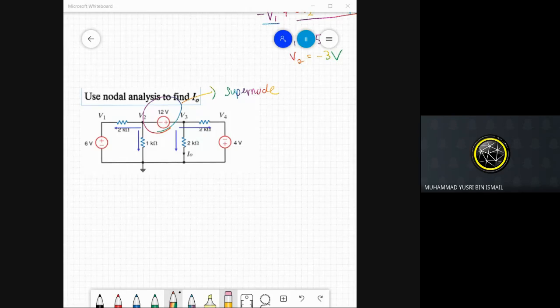I will write this equation. Okay. This will be the first node, which is node V2 and node V3. You will combine both of these equations at node V2 and V3 in one equation.